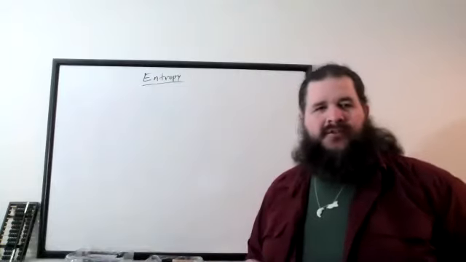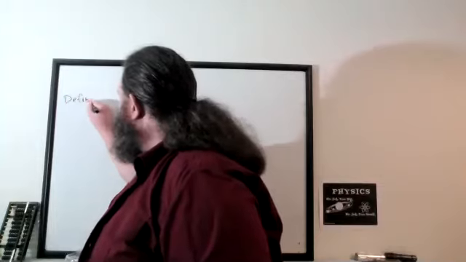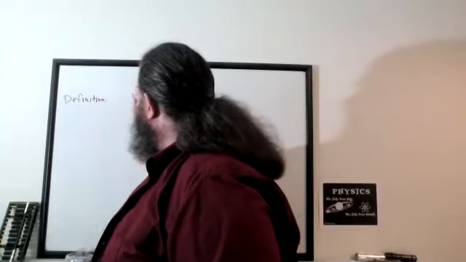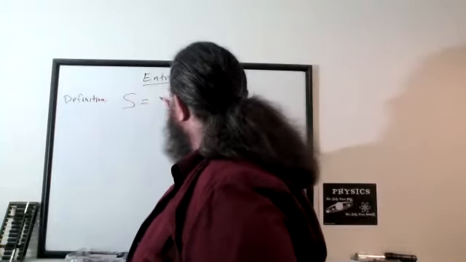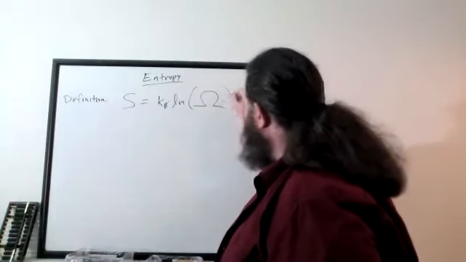So last time we looked into the formal definition of entropy in terms of number of microstates. Entropy is Boltzmann's constant times the logarithm of the number of microstates.